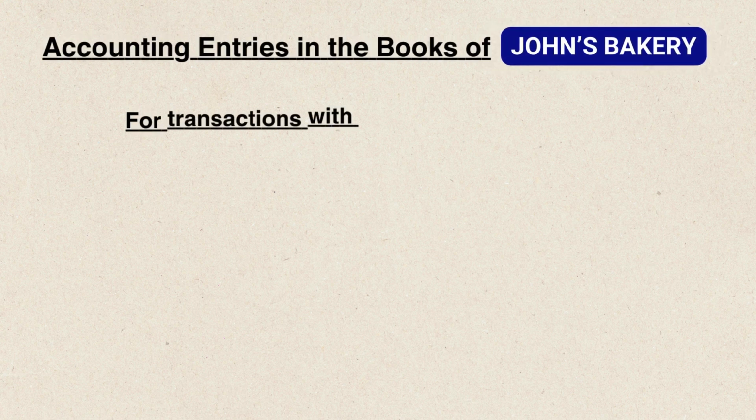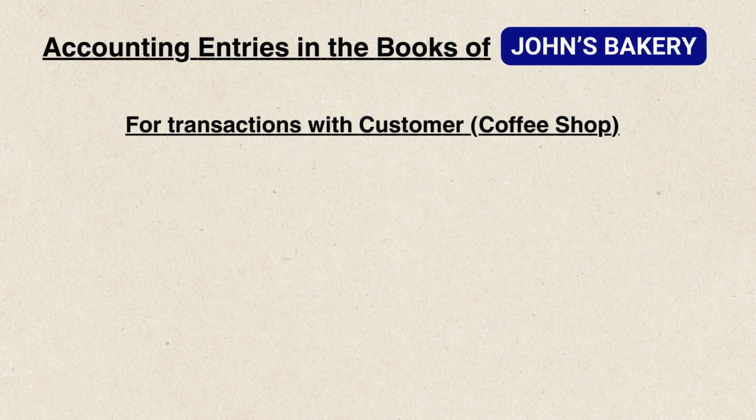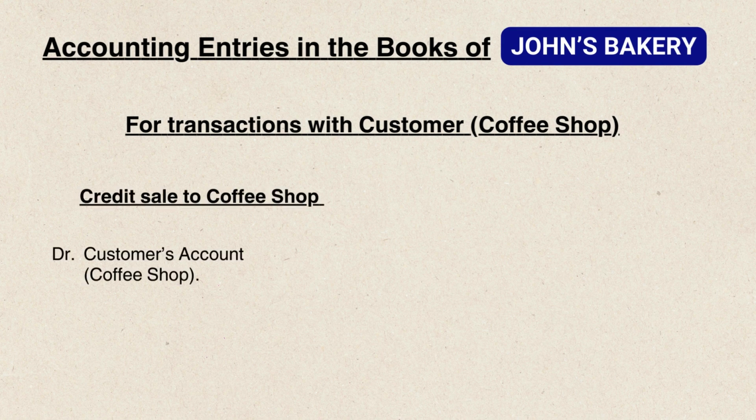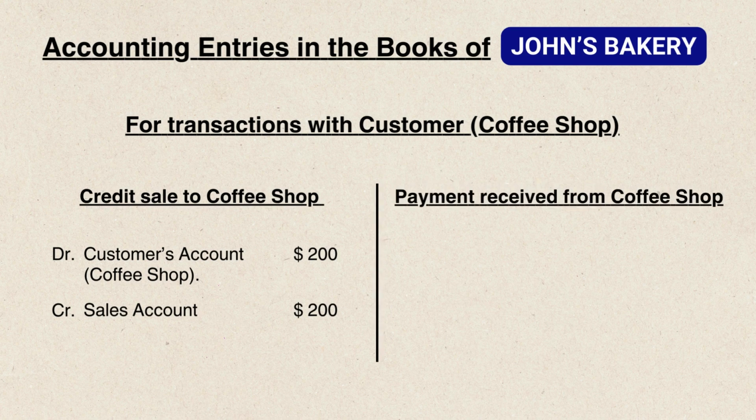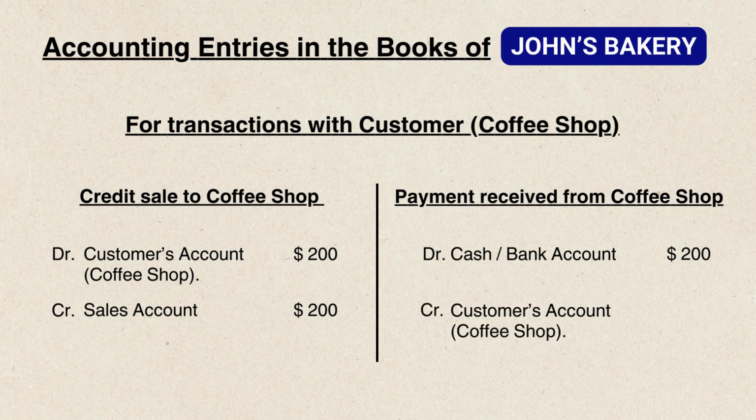Now, let's look into the accounting entries in the books of John's bakery for transactions with the customer, that is the coffee shop. For credit sale to coffee shop, debit customers account, $200 and credit sales account $200. Then, for the payment received from coffee shop within 30 days, debit cash or bank account, $200 and credit customers account, $200.